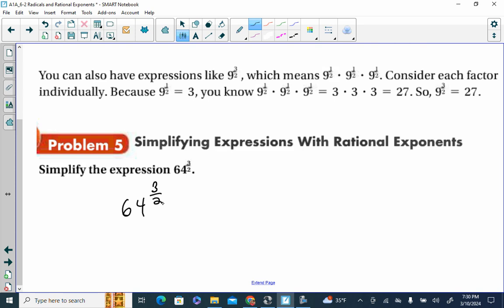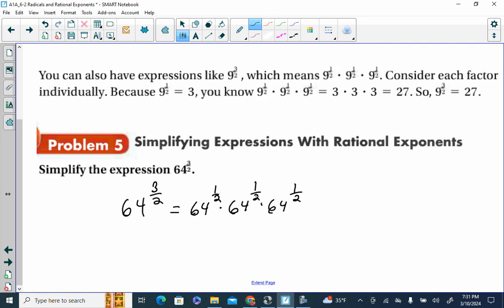64 to the 3/2 power is the same as 64 to the 1/2 times 64 to the 1/2 times 64 to the 1/2. We know from our product of powers rule that when we're multiplying powers with the same base, we simply add the exponents.